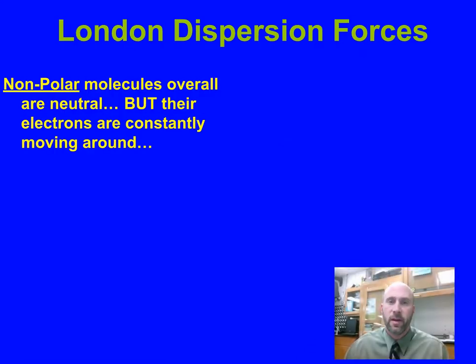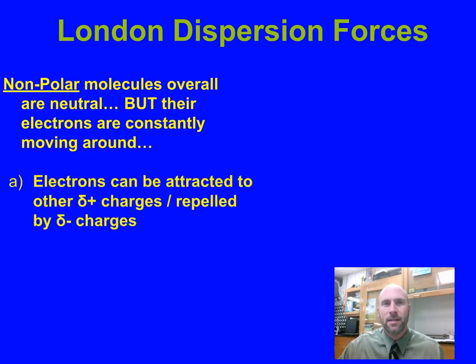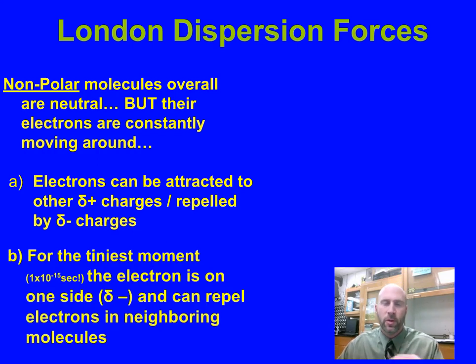It's my personal favorite. It's just so cute. The London dispersion forces. And what we're dealing with here is nonpolar molecules, and overall they're neutral, but their electrons are constantly zipping around. Okay, so sometimes when they get to one side, they're going to create a temporary little attraction, and go to the other side, a temporary little repulsion, and for a tiny moment the electrons are on one side of that molecule.